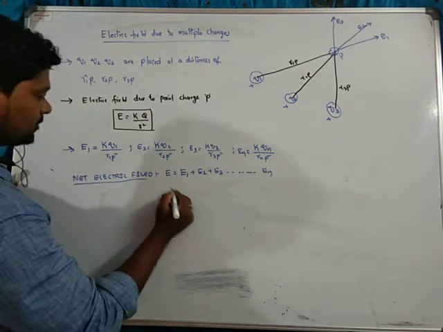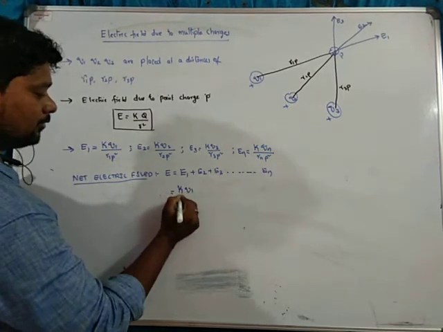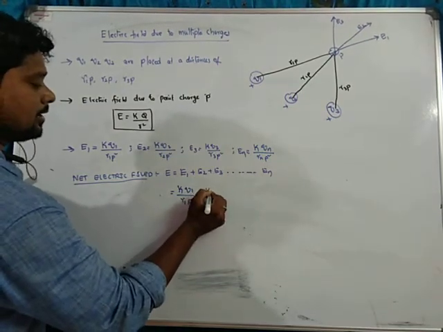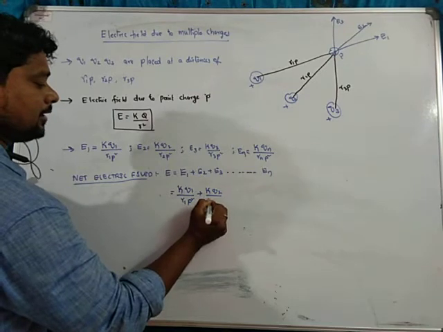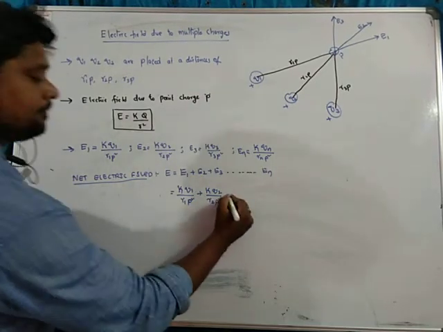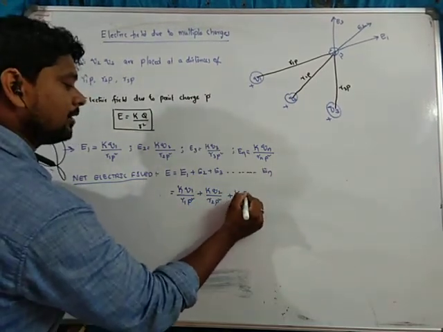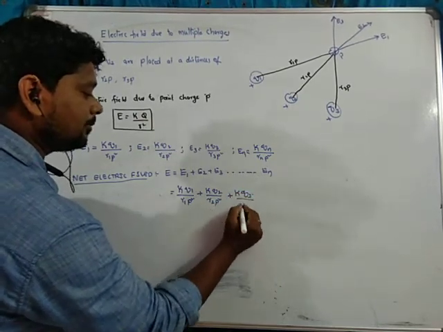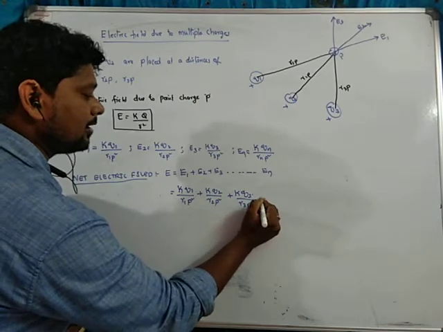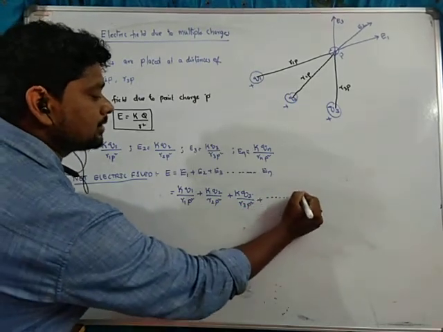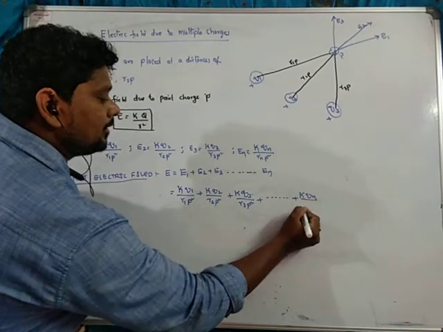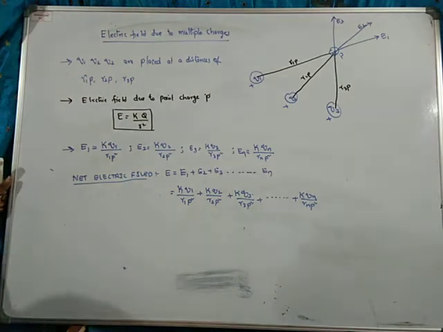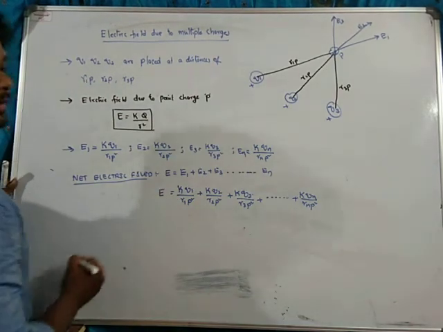By substituting all those values, we get KQ1 divided by R1P square plus KQ2 divided by R2P square plus KQ3 divided by R3P square, and so on up to plus KQn divided by RnP square. So we substituted all the values and we get the value of the electric field.